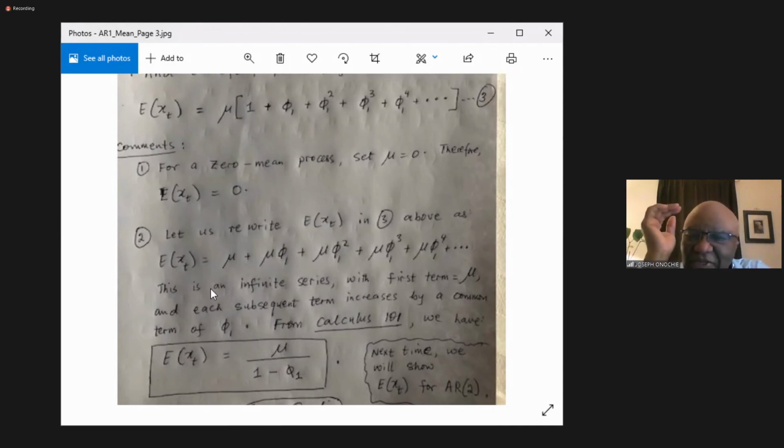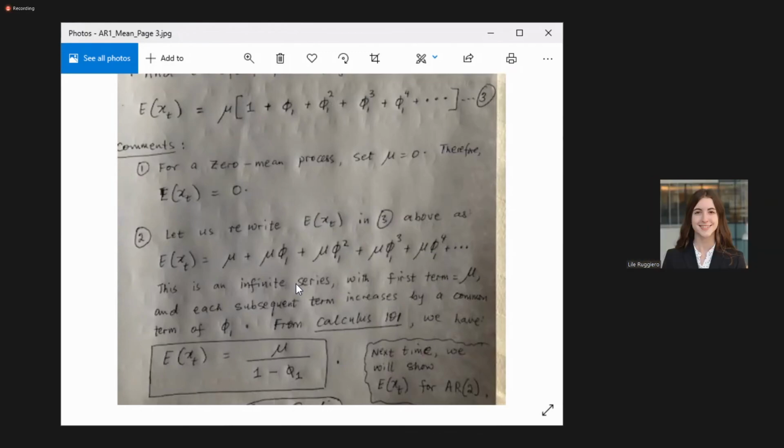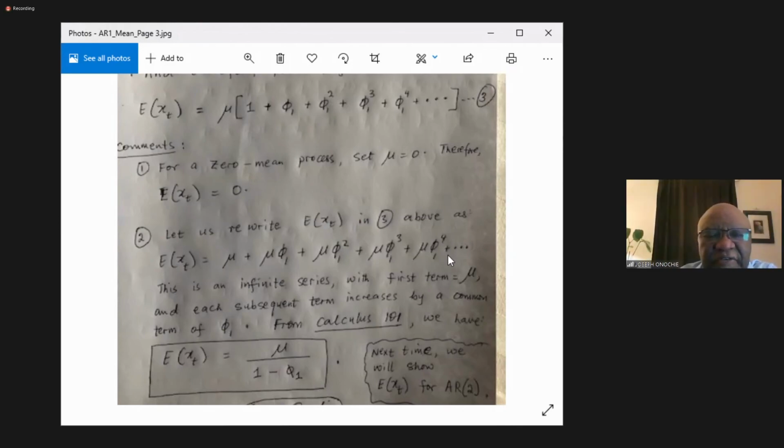Now, again, I'm sorry to remind you guys of your nightmares from calculus, but I'm sure many of you remember something called an infinite series in calculus, remember? Does anybody remember infinite series? I think so. Yes. So this is an infinite series that says that this first moment, the expected value of our daily returns, is equal to some average plus some average times a constant term, plus the same average times, so this one, I multiply it by this constant, phi1.